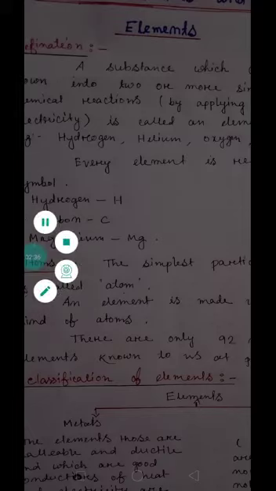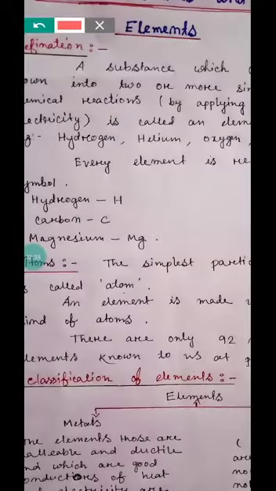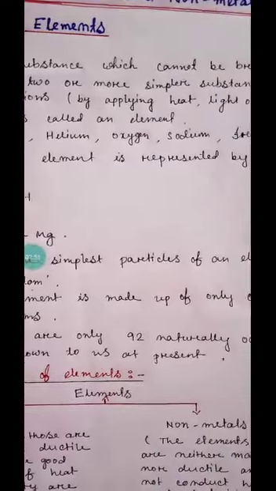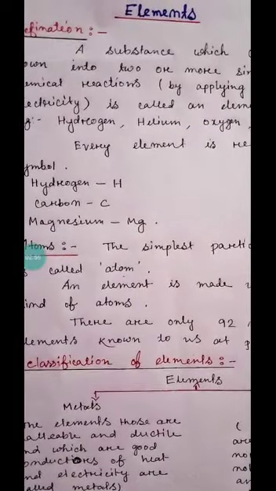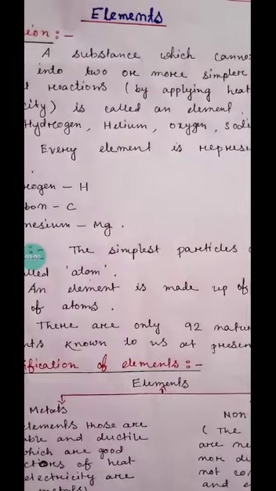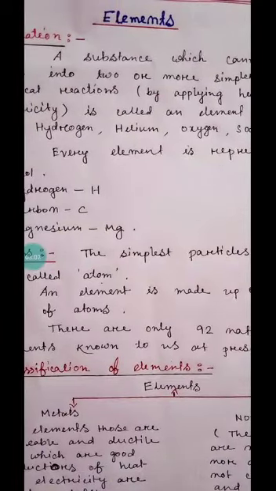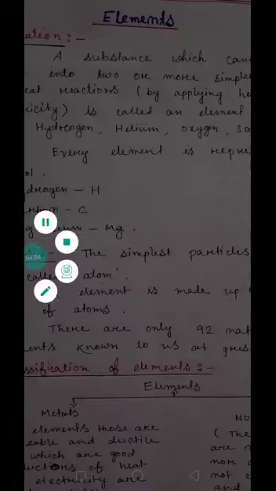Now I told you one term, that is atoms. Definition of atom is: atoms are the simplest particles of an element. So all the elements are made up of some particles. Those particles are known as atoms.